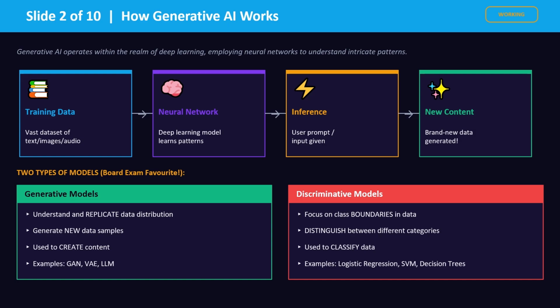Discriminative models focus on distinguishing between different classes. They classify data. Logistic regression, SVM, and decision tree are examples. The question, differentiate between generative and discriminative models, is almost guaranteed in board exams. Make sure you know this.